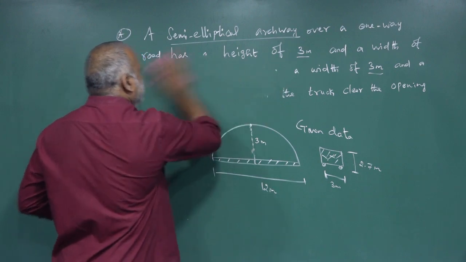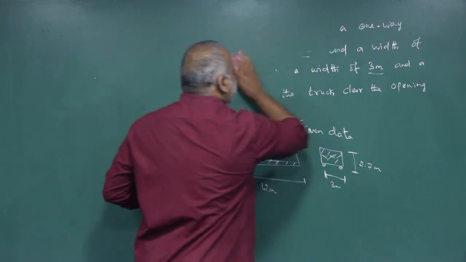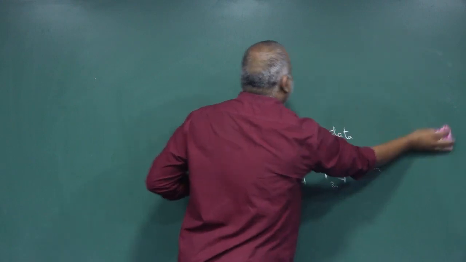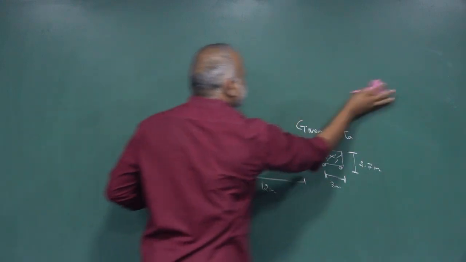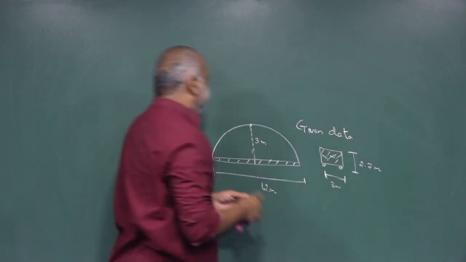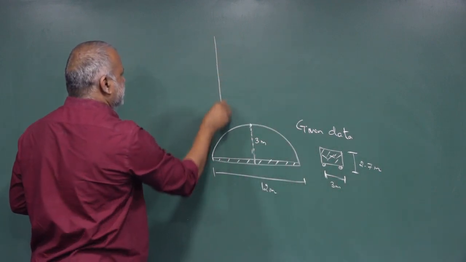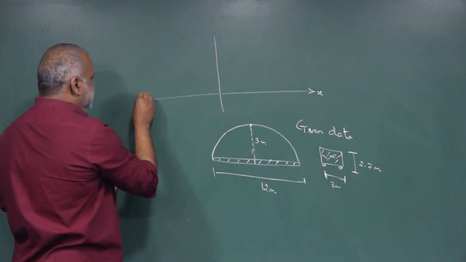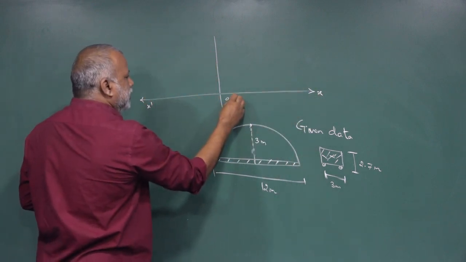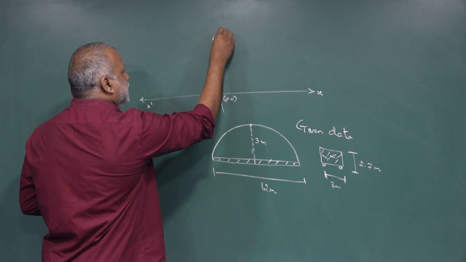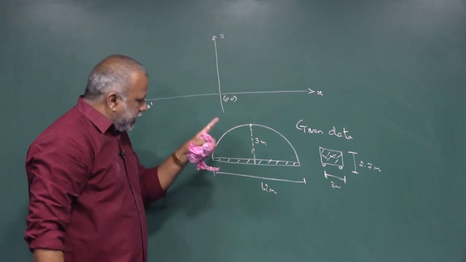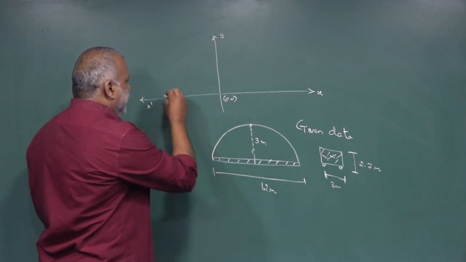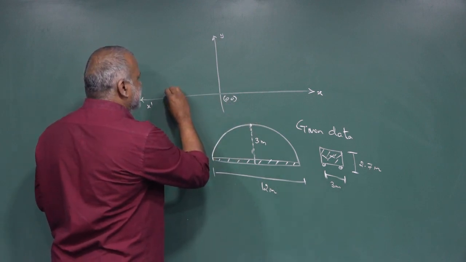See. We need a semi-ellipse. With the given data, you are going to draw a semi-ellipse. Listen, I am taking the axes here, x-axis, x dash, then the center, this must be the y-axis. I am drawing this semi-ellipse with the help of the x-axis and y-axis.